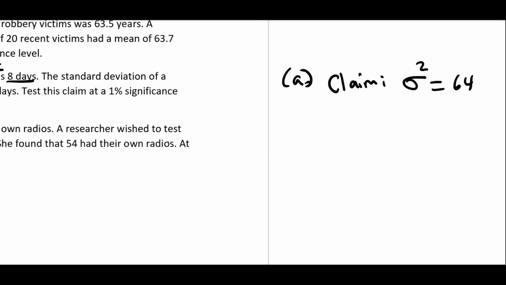Technically you could say sigma is equal to 8, but the way that I showed you in the lesson, I do it in terms of variances and standard deviations, so just keep it consistent with what the lesson says. All right, so we got H0 and then H1. In this case, this is a statement of equality, so it's going to belong to the null.